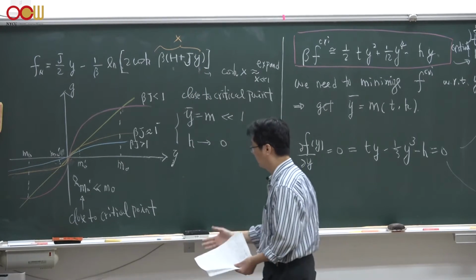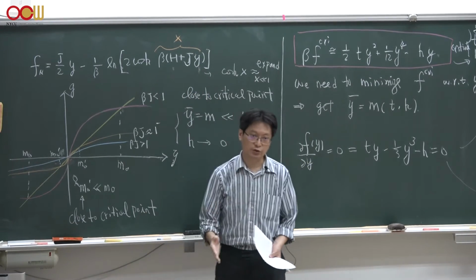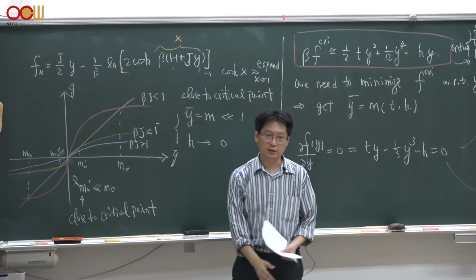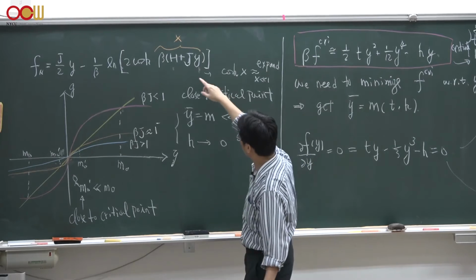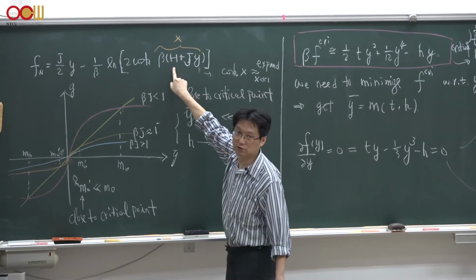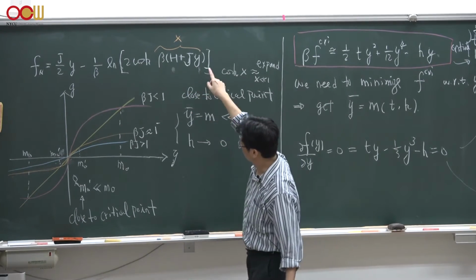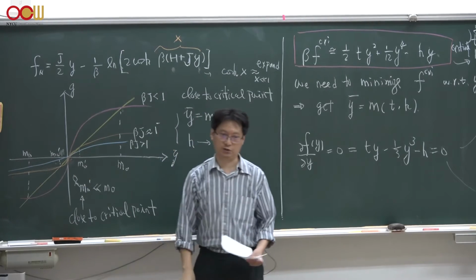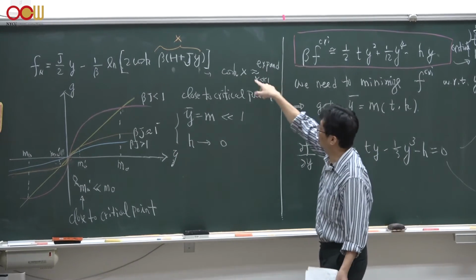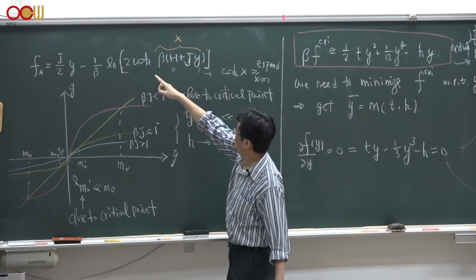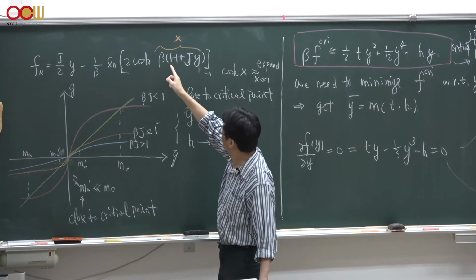Remember, for the one dimension, it's actually close to 0 temperature and 0 field. But in the infinite range Ising model, the transition occurs again close to 0 external field and very, very small magnetization remaining. So in that limit, we can expand the free energy by expanding the hyperbolic cosine function.